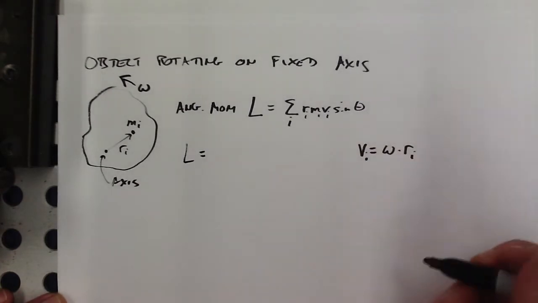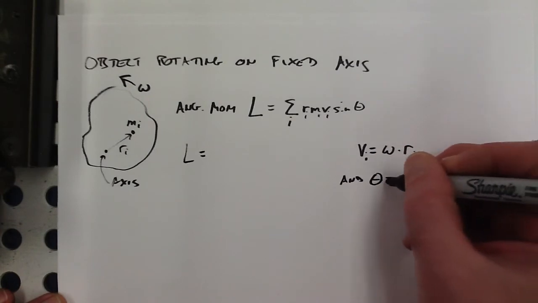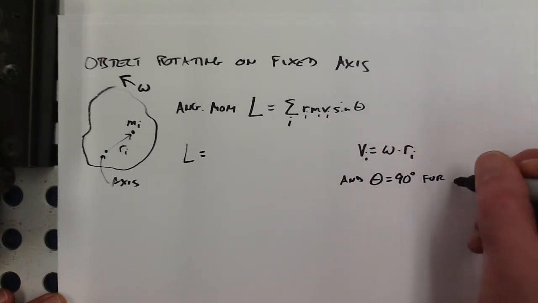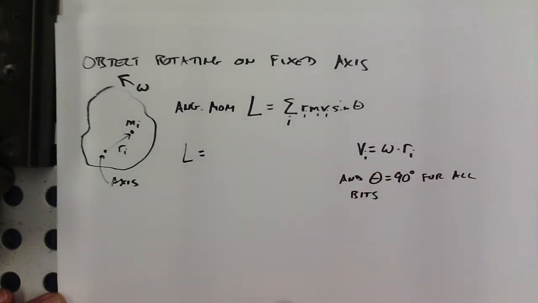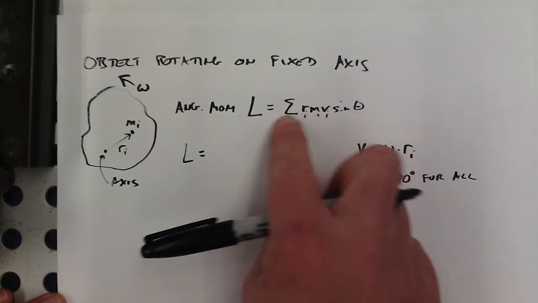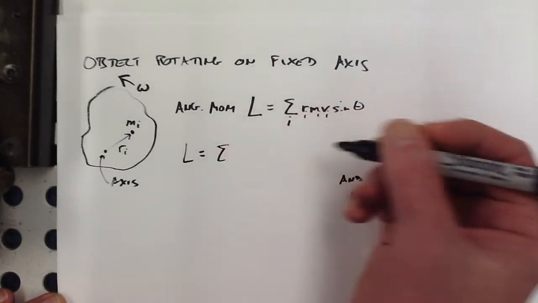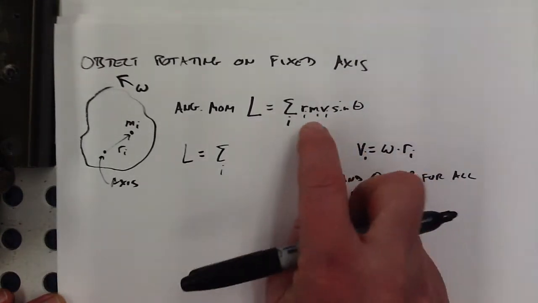So the sine of theta is the same for all of the bits. So what does this clean up into? That's the sum over all of the particles that we've chopped it up into.